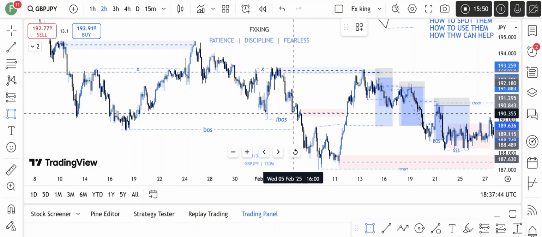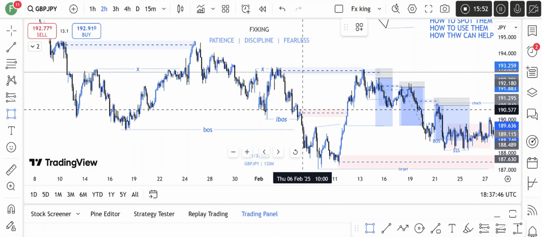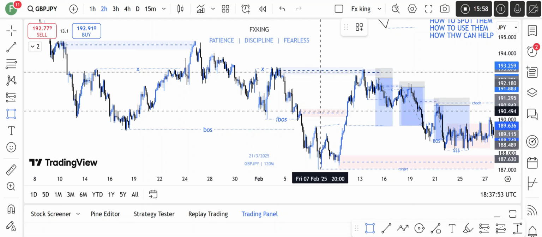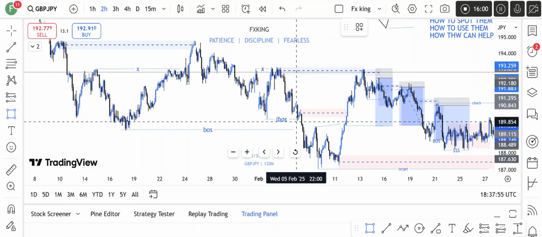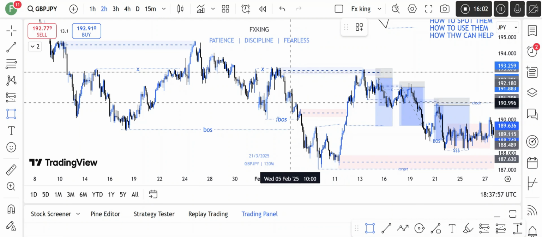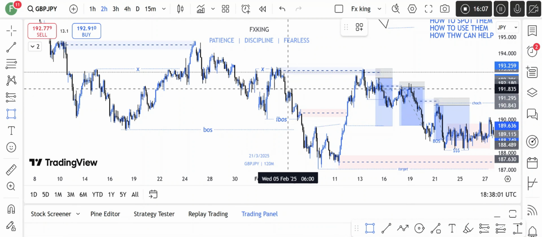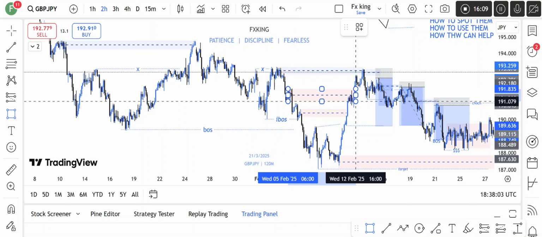This is all insider move here. This one is also an insider move, so that's why I say this one is invalid, this one is also invalid, and this one even has already been mitigated, though it's an invalid zone. So the only valid zone we have here is this zone.